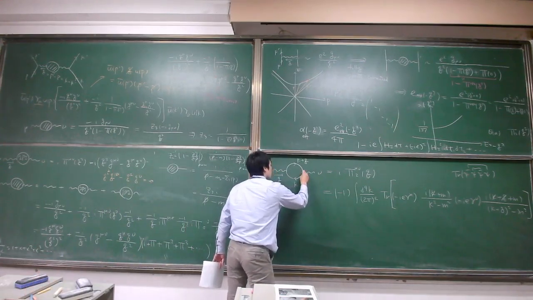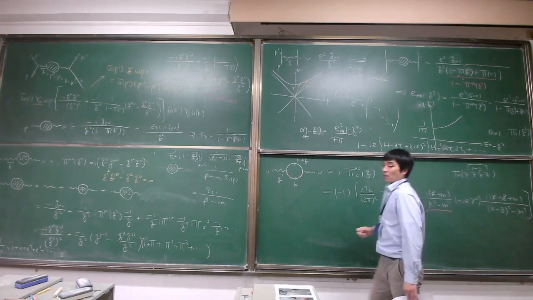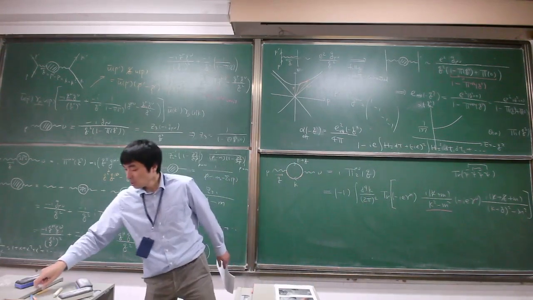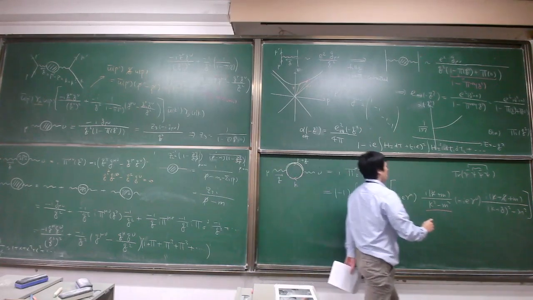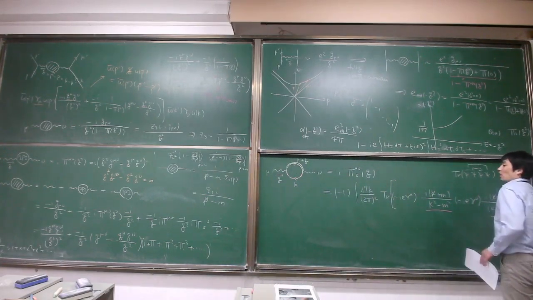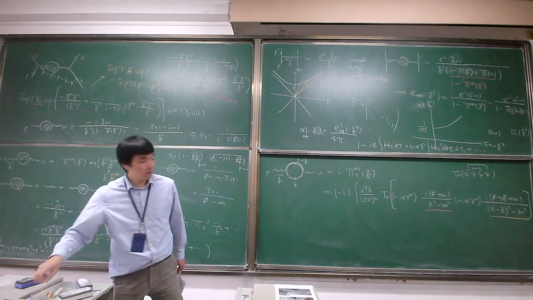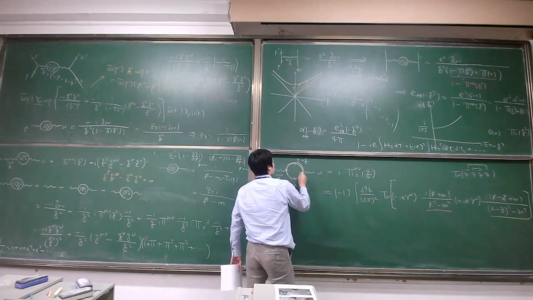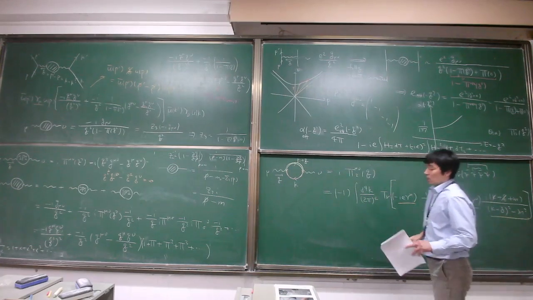I hope this calculator will give you this guy, and then the yellow part will give you this guy, and these vertices will give you this part and this part.